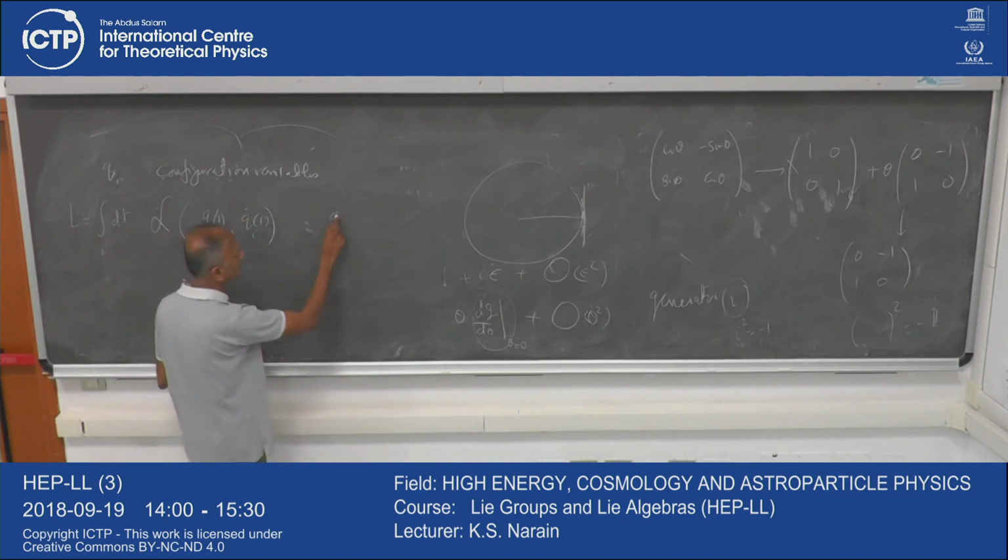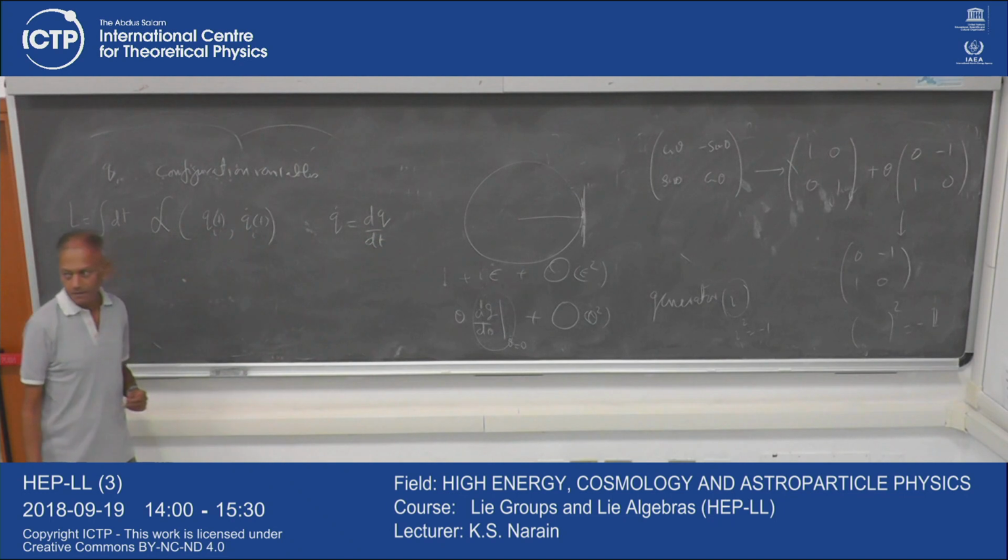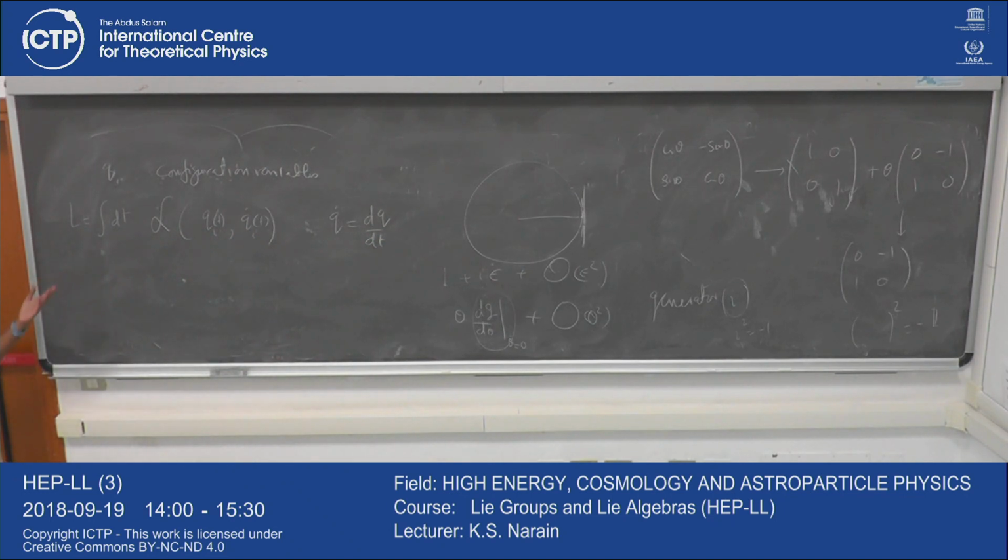So q dot is the shorthand notation for dq by dt. Using the Lagrangian, you can get the equations of motion, or if you wish, you can go to the Hamiltonian canonical formulation. But this is our starting point.